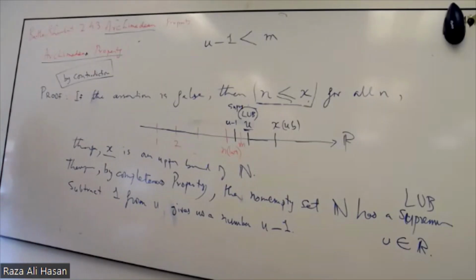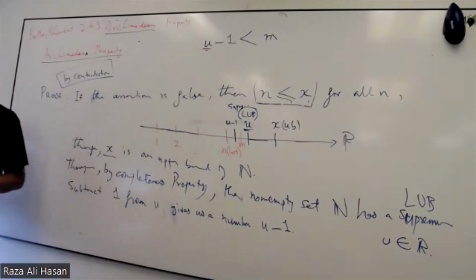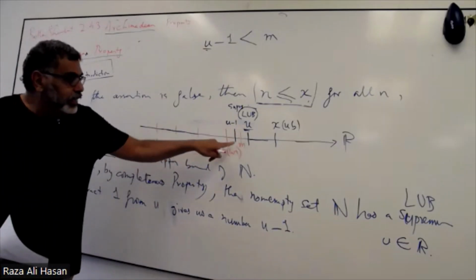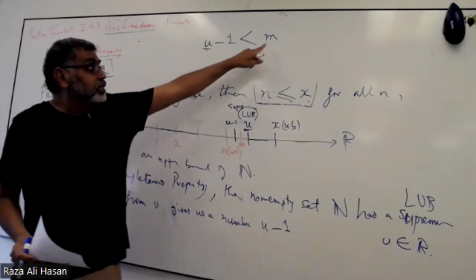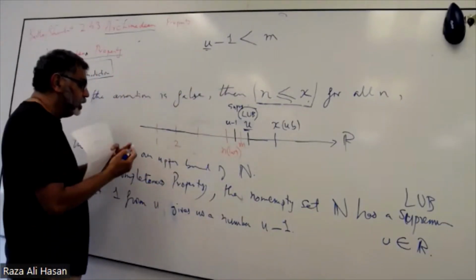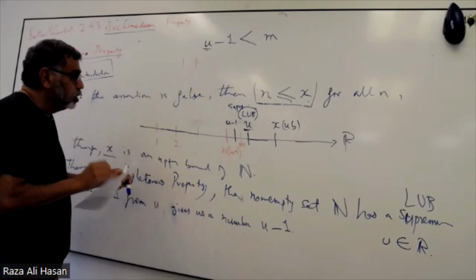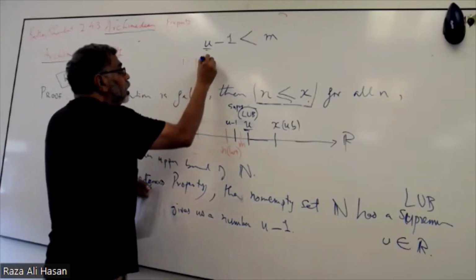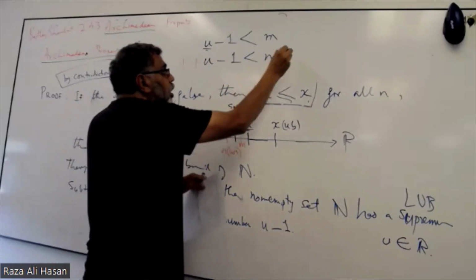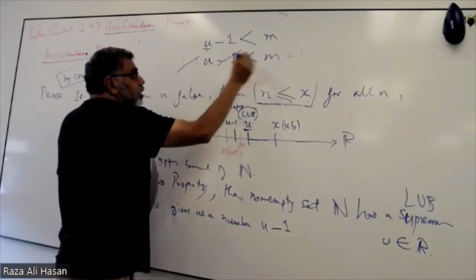And now the real trouble happens, because guess what u is supposed to be? U is our least upper bound, bigger than any natural number. This is a natural number. So if I add plus 1 here and plus 1 here, these two guys get canceled.